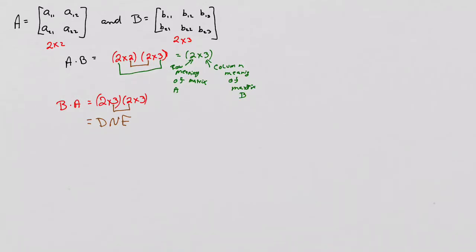So let's actually calculate A times B here. We have my matrix A, which is A sub 1,1, A sub 1,2, A sub 2,1, and A sub 2,2.